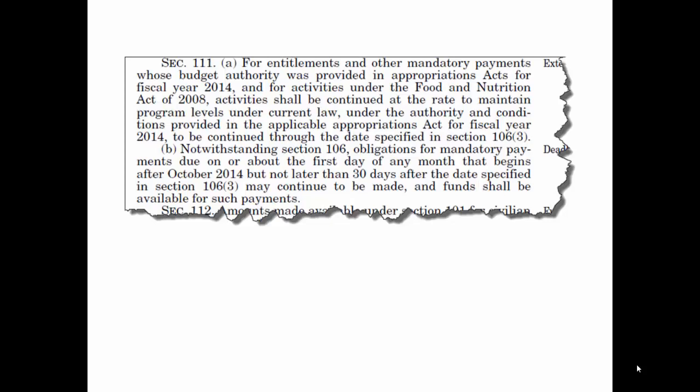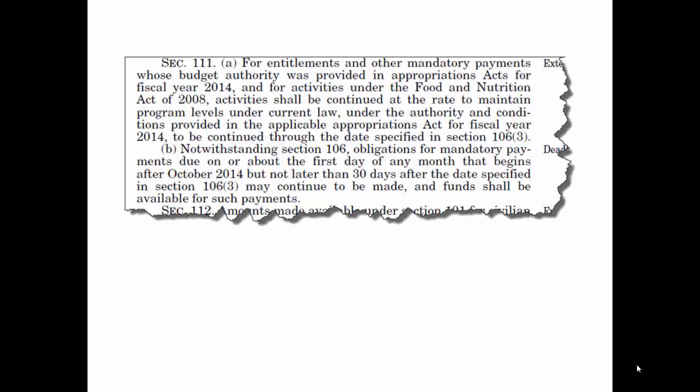Note that the funds for entitlements and other mandatory payments are provided at a rate to maintain program levels under current law. If, for example, the entitled populations grew, you might not have enough funding to pay their benefits based on the previous year amount.